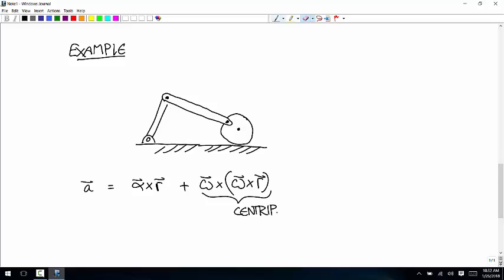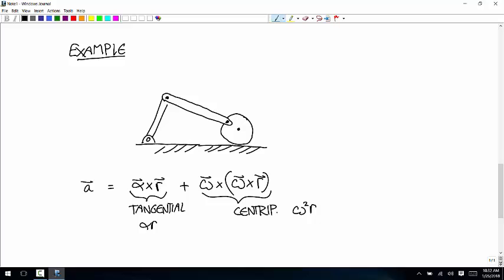So this always has a magnitude of omega squared r, and the cross products just make it point towards the center. Same thing here: these are always perpendicular to each other, so this always has a magnitude of alpha r, and the cross products just make it point in the correct direction.